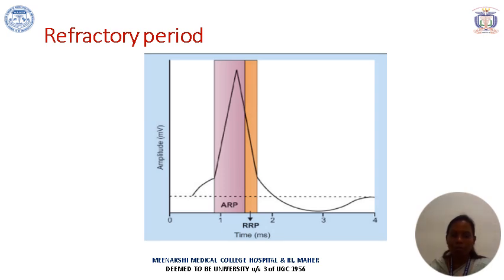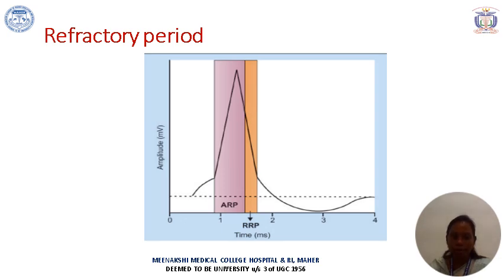After 1/3 of the repolarization phase, there is a possibility of generating an action potential, because by that time most of the sodium channels will have come to the inactivated state. So if you give an adequate stimulus, the inactivated sodium channels can again go to the activated state. So before coming to the hyperpolarization state, if you give a second stimulus in the second phase of repolarization, we can generate a second action potential immediately, before going to a hyperpolarized state.